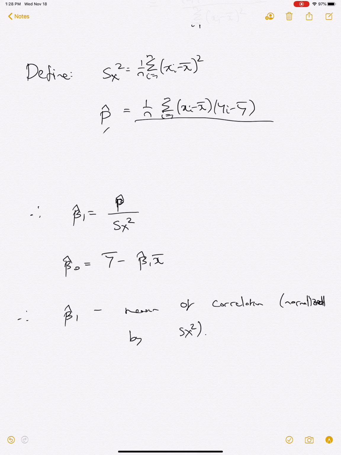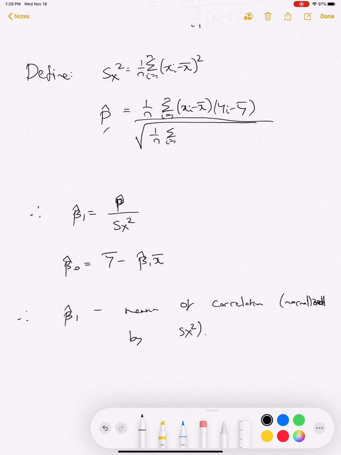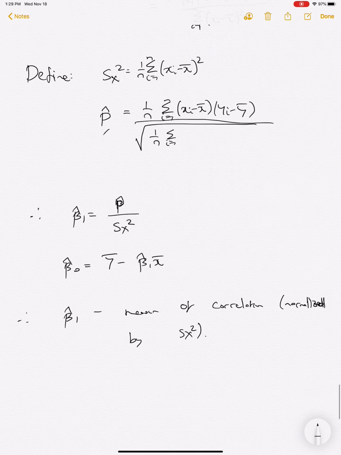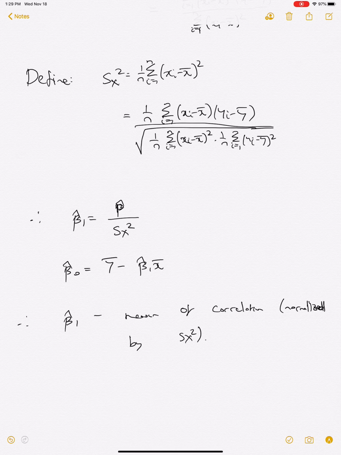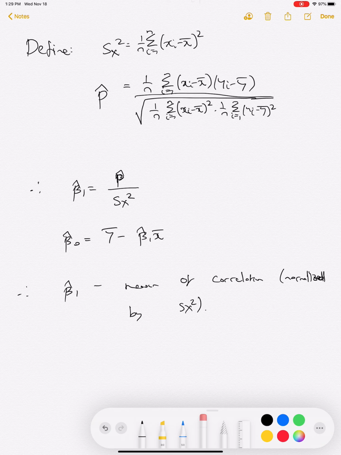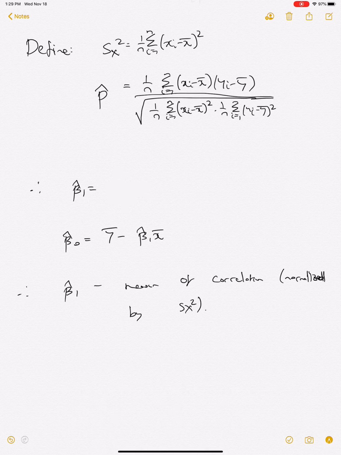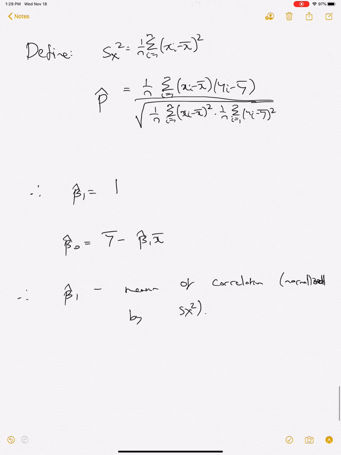If we wanted to say what the sample correlation is, it's going to be, okay, so this is what the actual sample correlation is, and therefore beta hat 1 is just equal to rho hat times sy over sx.